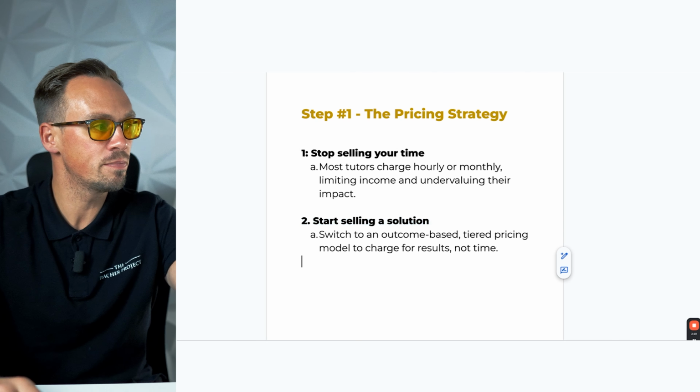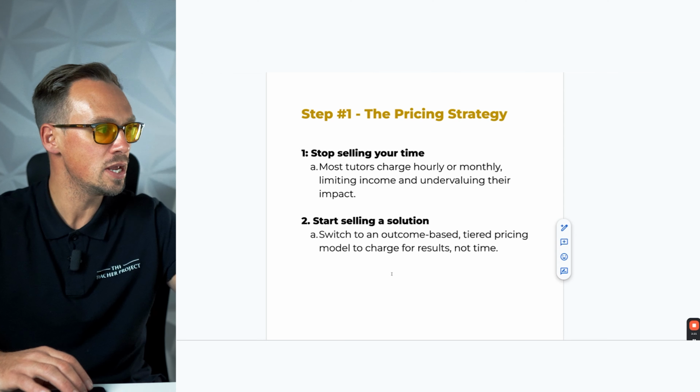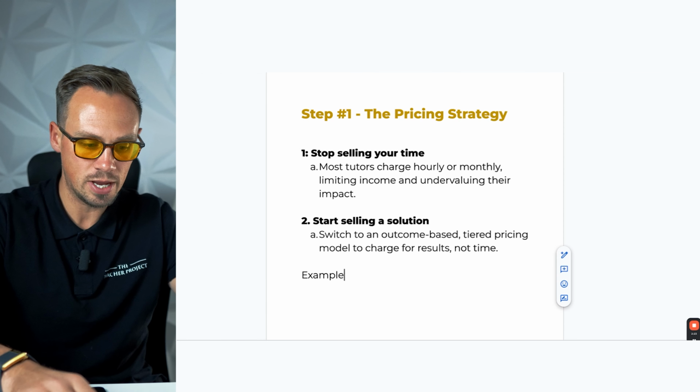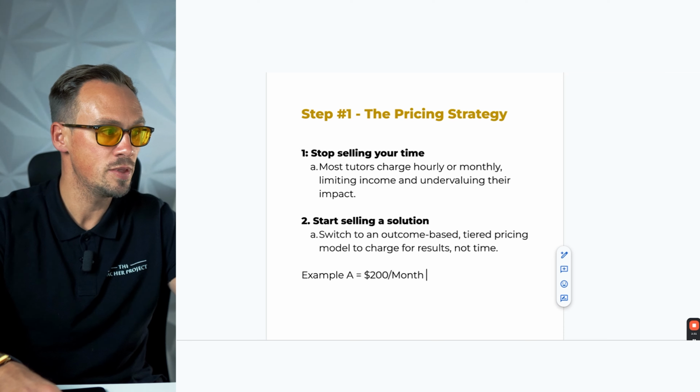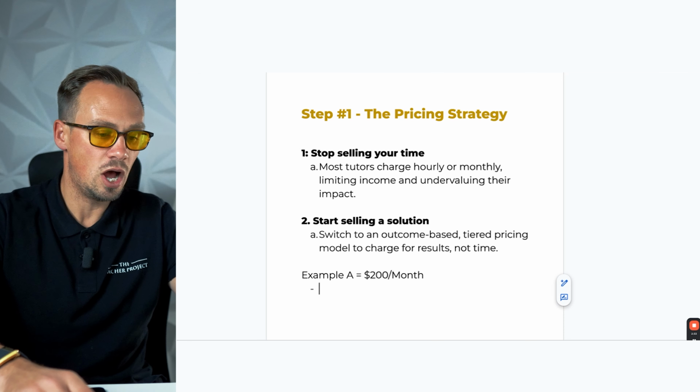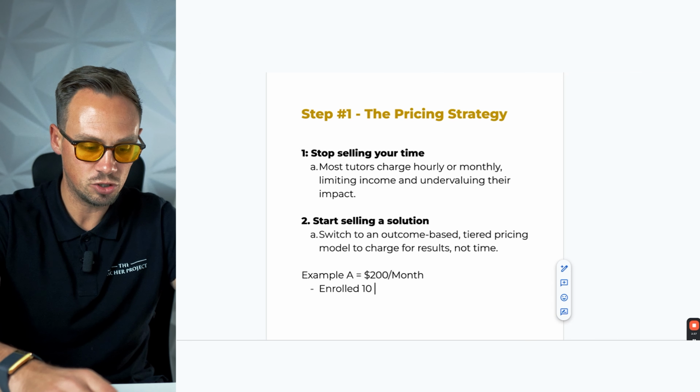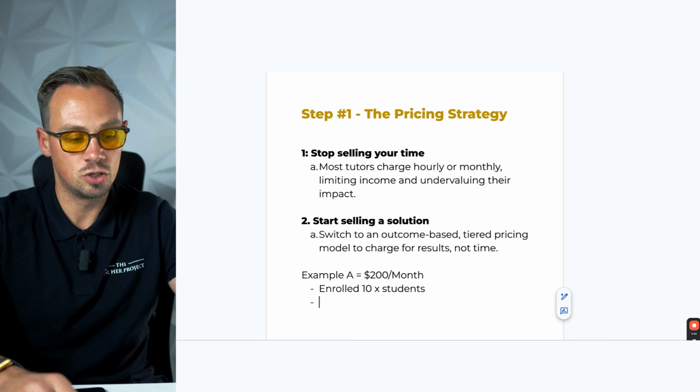Let's say on my computer screen here, example A, I was selling at $200 a month per student. In this scenario, I enrolled 10 students. That would give me $2,000.